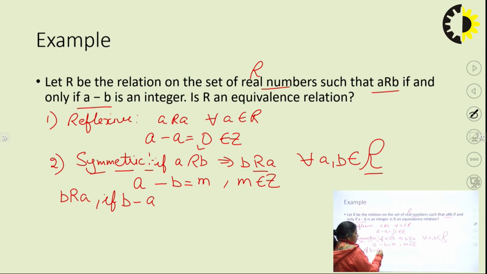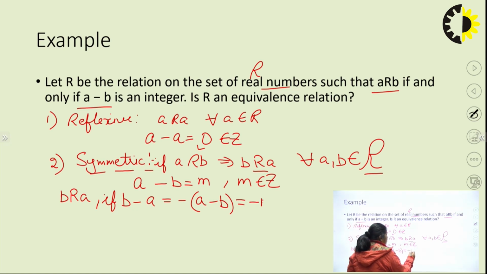So when I am taking B minus A, I can write it as minus of A minus B, where minus I have taken common. My A minus B is given as an integer, which is M. So it is minus M. As we know, when M is an integer, minus M is also an integer. For example, when 2 is an integer, minus 2 is also an integer.